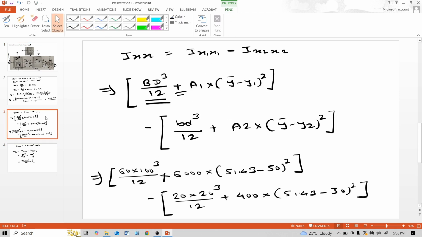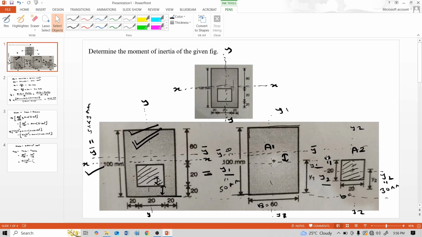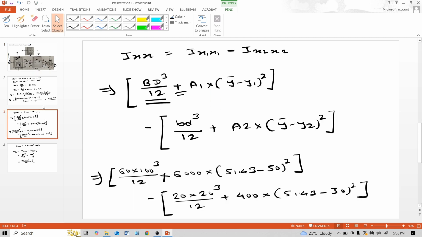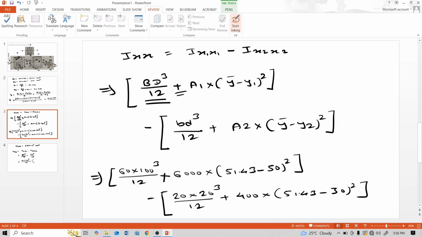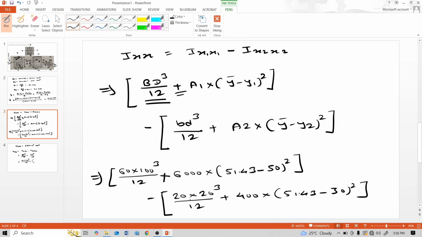I think we made a mistake. We considered this rectangular area BD cube by 12, but here a raised to 4 by 12 is the square's moment of inertia. But our answer and our step are correct. Why correct?